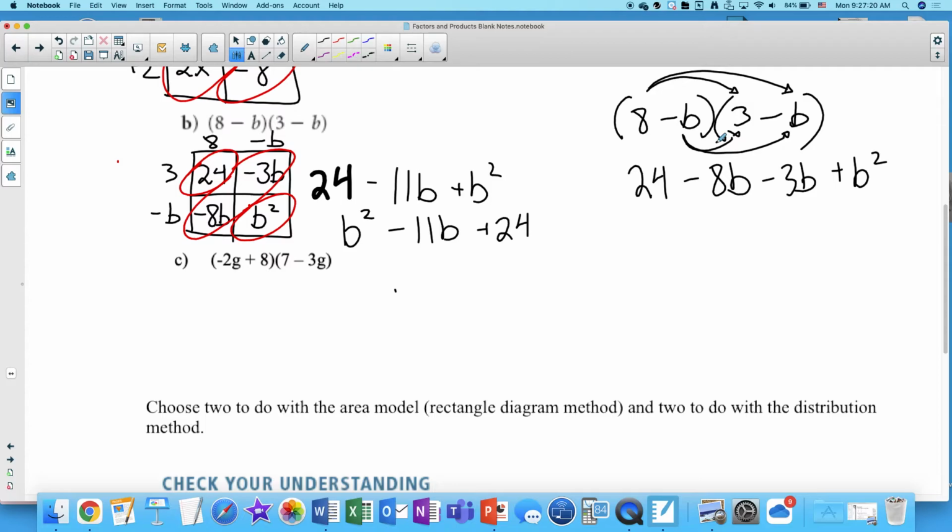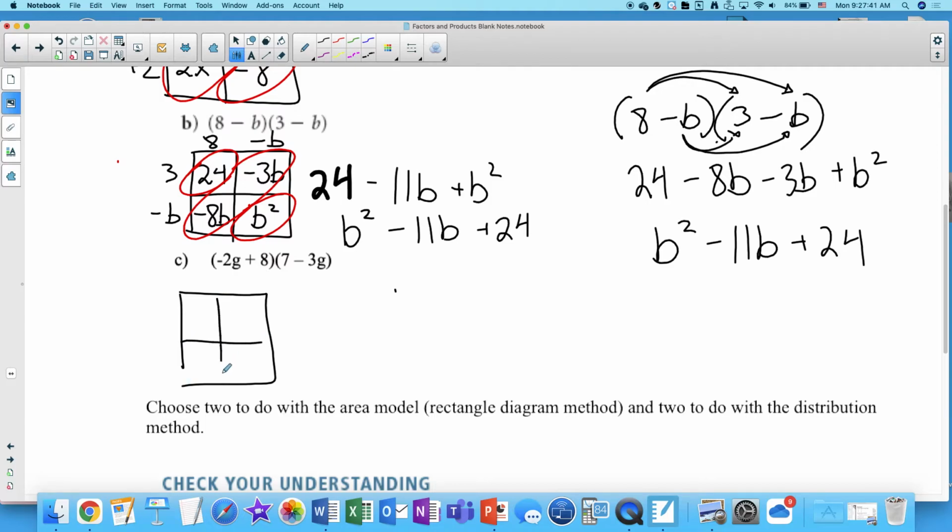Okay? Now this guy. So negative 2g plus 8 times 7 minus 3g. If we set up a box, again, it'll be 2 by 2. Okay. Now I can tell you something.